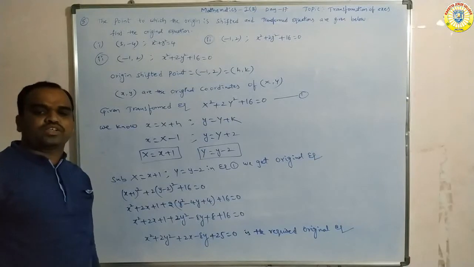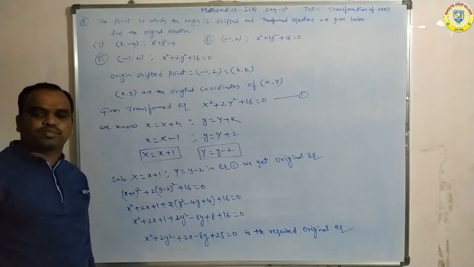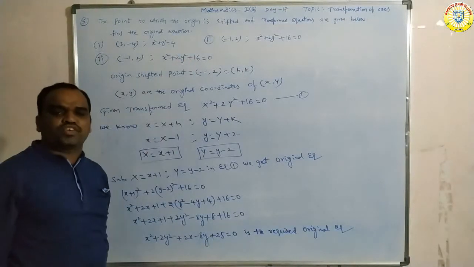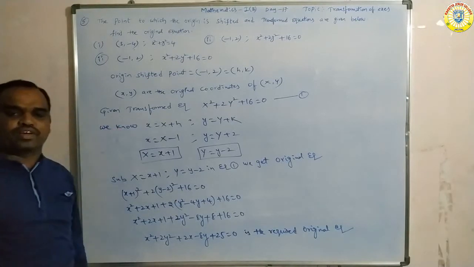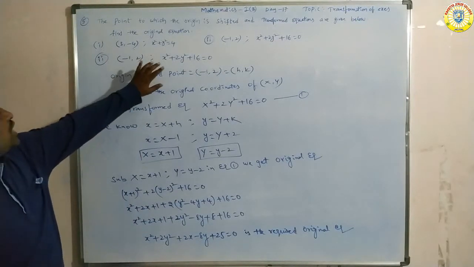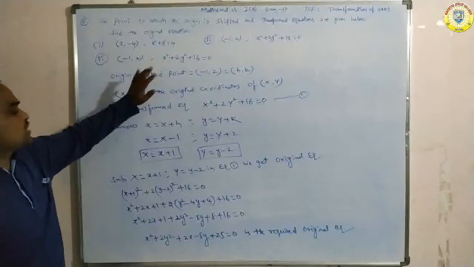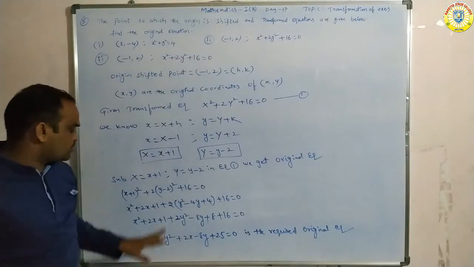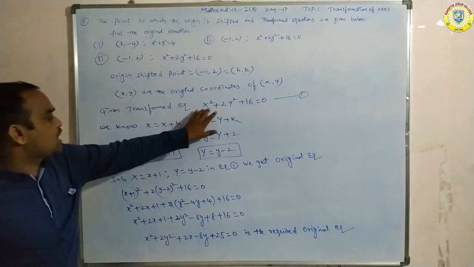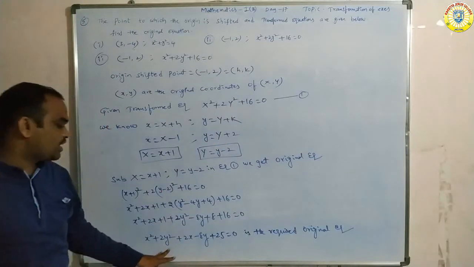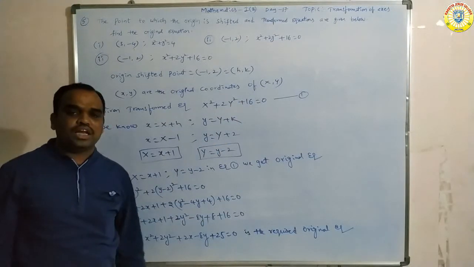If the original equation is given, we write small x, small y. If the given equation is the transformed equation, we write capital X, capital Y. So this transformed equation we are converting into the original equation.